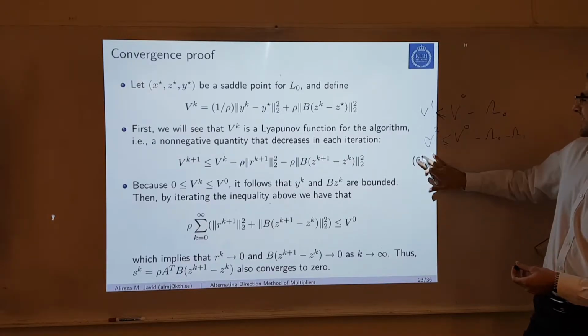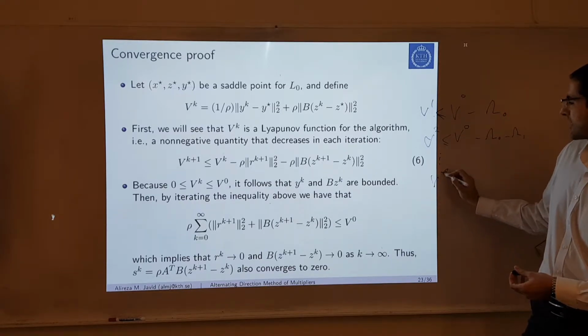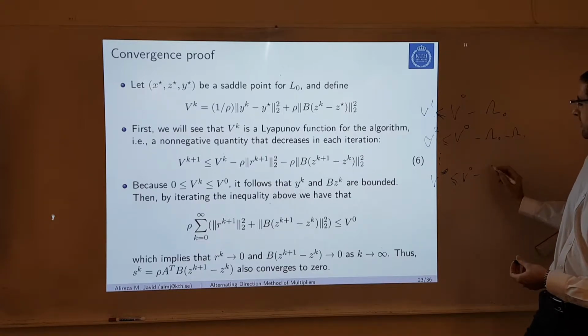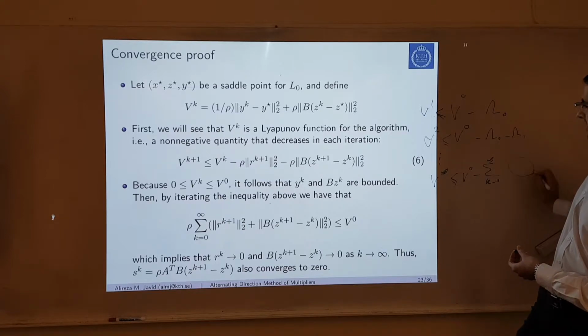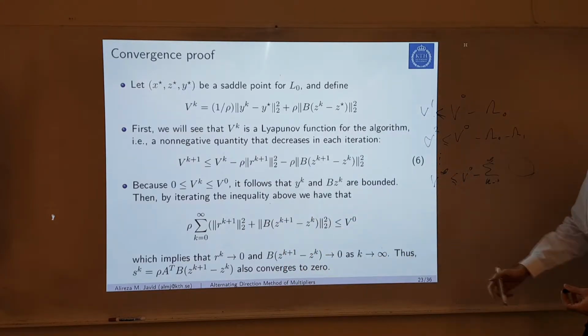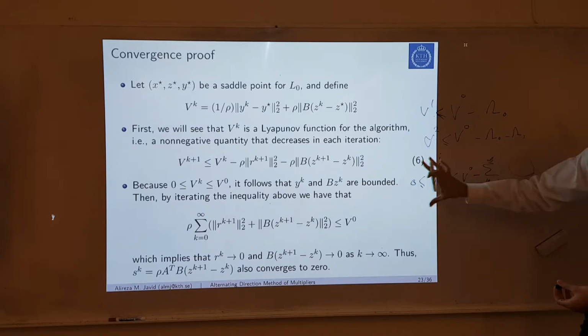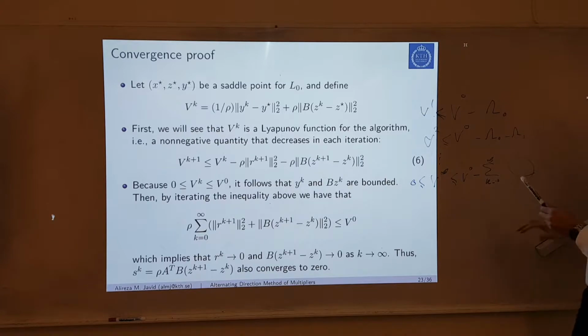We can continue, and then we will see that v infinity is smaller than v0 minus this whole sum, the sum from k equals 0 to infinity of these terms that you see here. And this sum is always positive, so we can take it to the other side of the inequality, and you will see this. Straightforward.